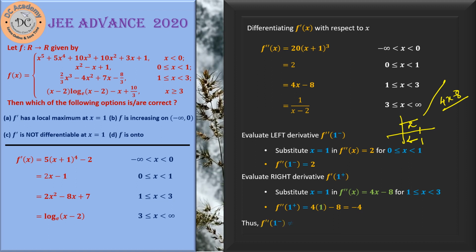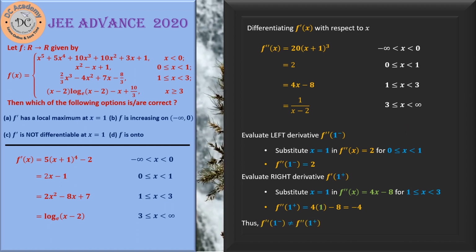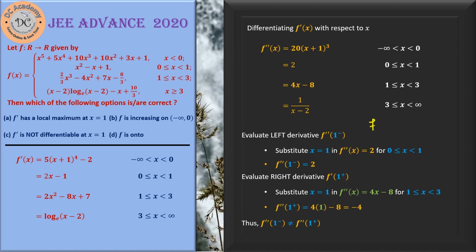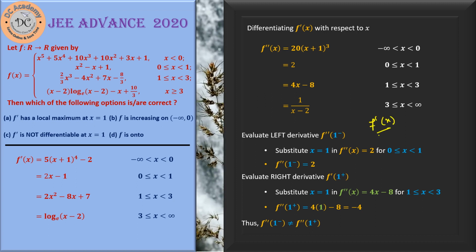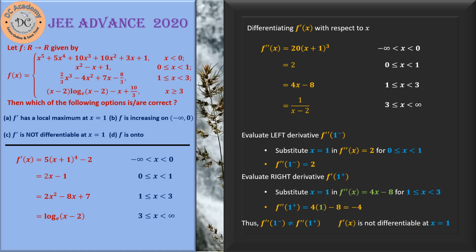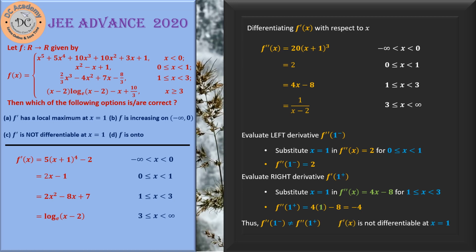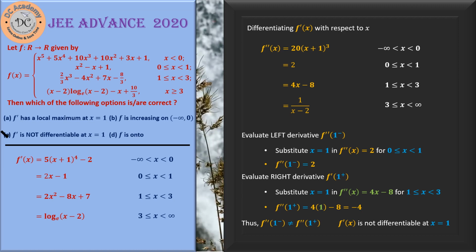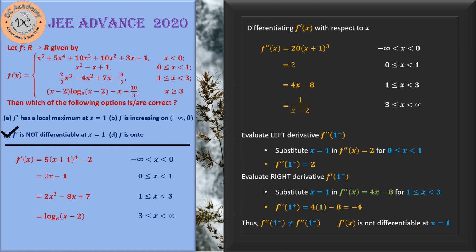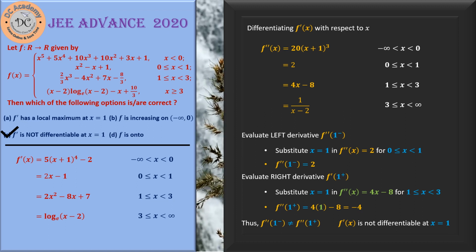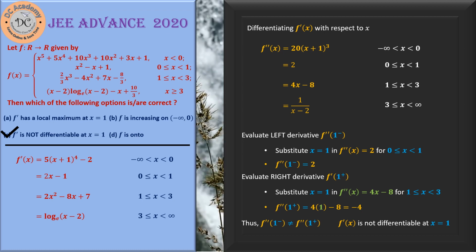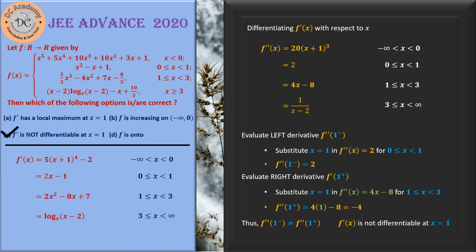So the right and left derivatives for the function f dash x are not equal, so f dash x is not differentiable at x equal to 1. Hence option C is correct.